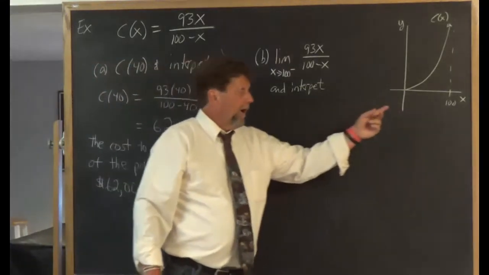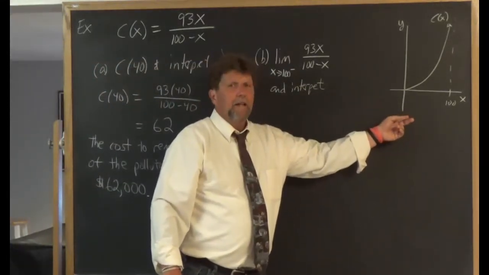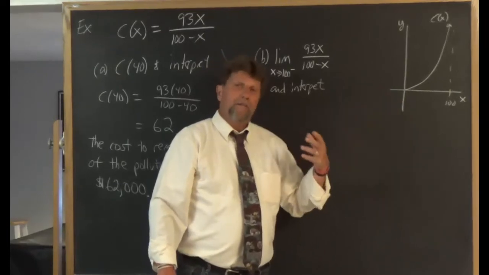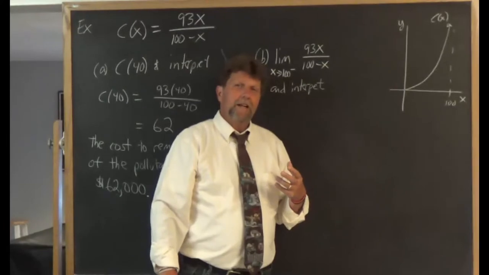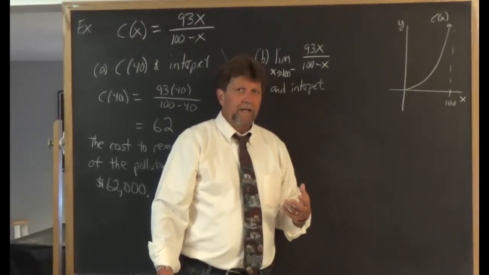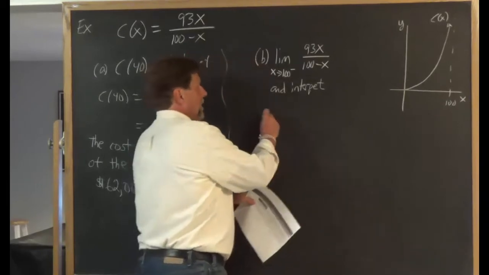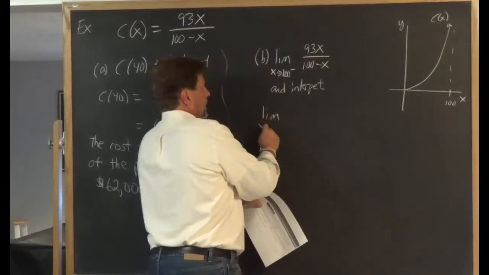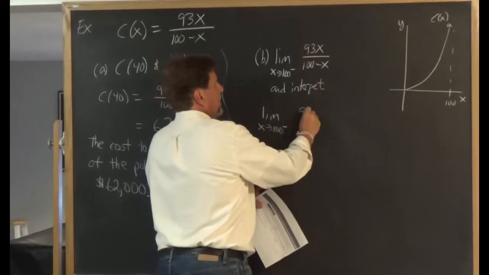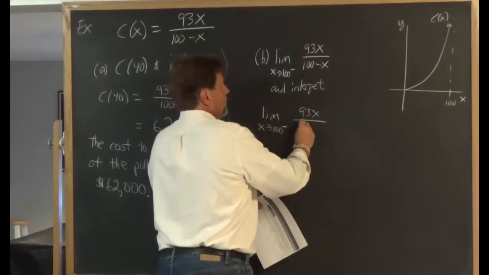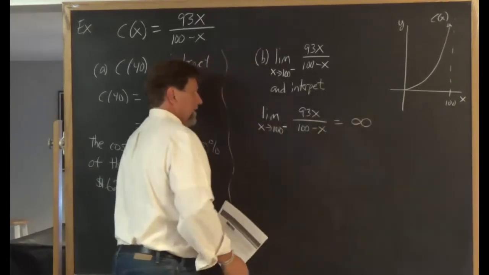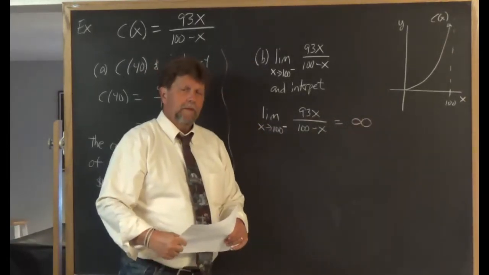Doing a quick graph on my calculator, this is what I saw. Obviously this limit is positive infinity because we're talking about a cost. I wouldn't expect it to be going to negative infinity. So the limit as x approaches 100 from the left of 93x over 100 minus x is infinity. Now interpret this.